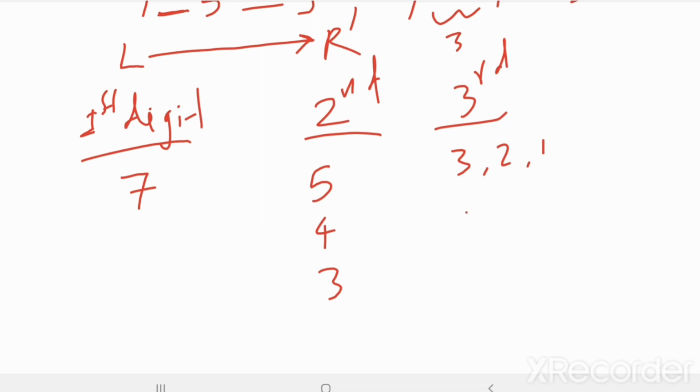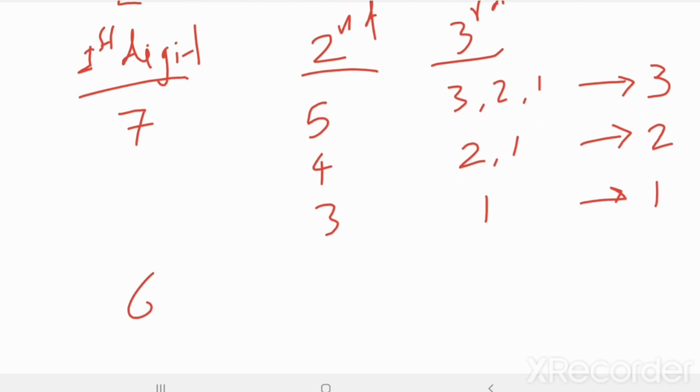Here 2, 1. Here 1. 7, 3, 1 is one of the pins. 7, 5, 3. 7, 5, 2. 7, 5, 1. Total 3. 7, 4, 2. 7, 4, 1. Total 2. 7, 3, 1. Here 1.